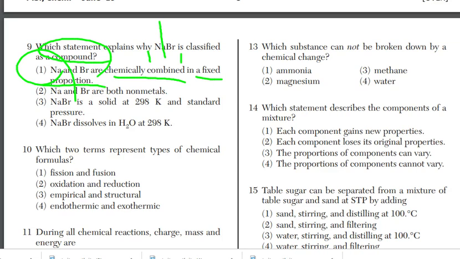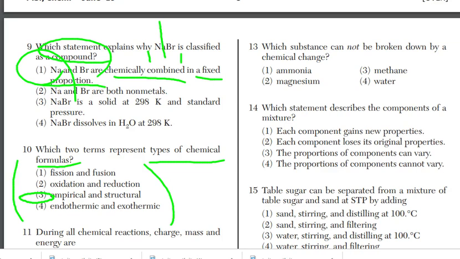Let's keep going. For number 10, which 2 terms represent types of chemical formulas? For chemical formulas, you have different ones like a molecular formula, empirical formula, structural formula. There's your answer, number 3. But these other choices, those are things that you need to know as far as vocabulary words. For example, fission versus fusion, oxidation, reduction.